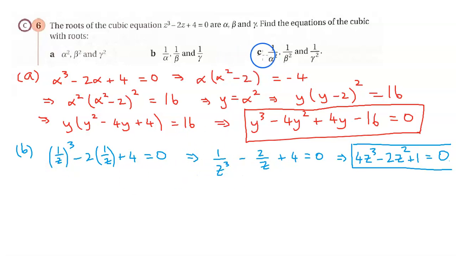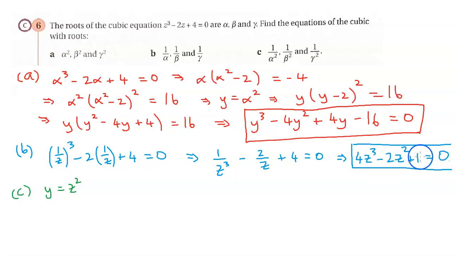Okay, and for the third one, part C, we can make the observation that the roots of the polynomial we're looking for here are the squares of the roots of the polynomial that we just previously found. So we can do something similar to what we did in part A. So let's let y equal z squared, and let's keep all the odd powers on one side and the even powers on the other.